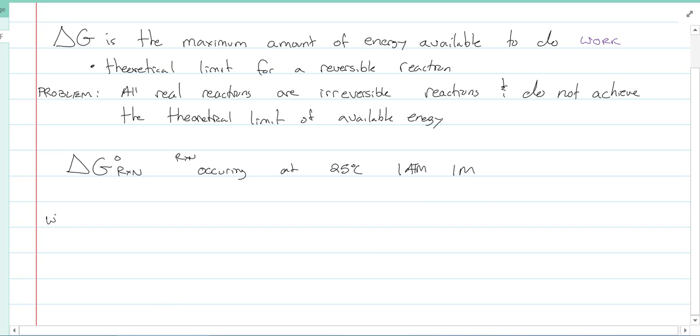What happens if the reaction is not at standard conditions?